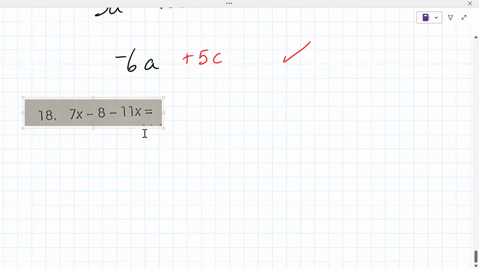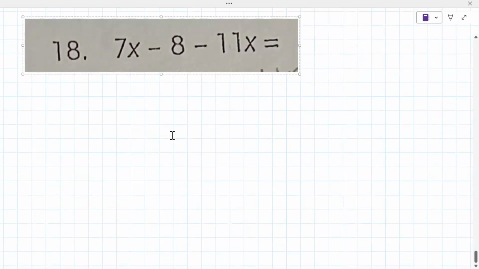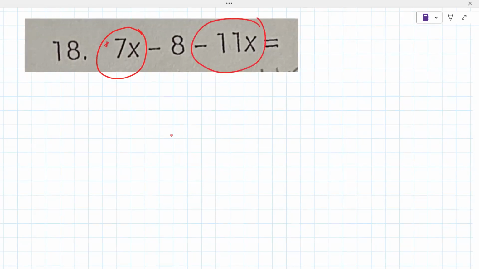All right, number 18 here. So 7x, is it positive or negative? Positive. How about the last one here? Is it positive or negative? Negative. So we have 7x minus 11x. What does that become? Are they same sign or opposite sign? Then you'll figure out your rule from there.